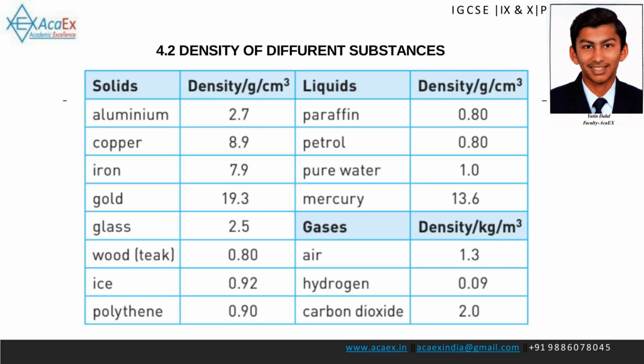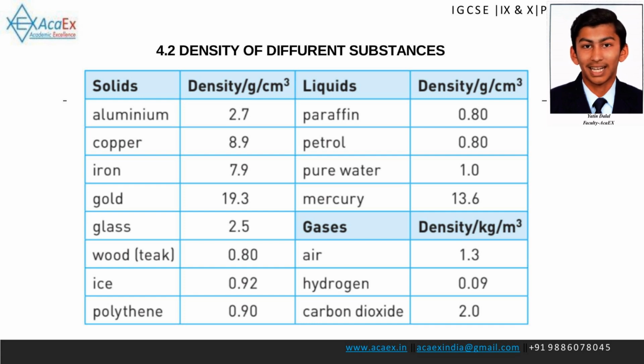Density of different substances. Here are the densities of some common substances. For solids, in grams per cubic centimeter: aluminium 2.7, copper 8.9, iron 7.9, gold 19.3, glass 2.5, wood 0.80, ice 0.92.